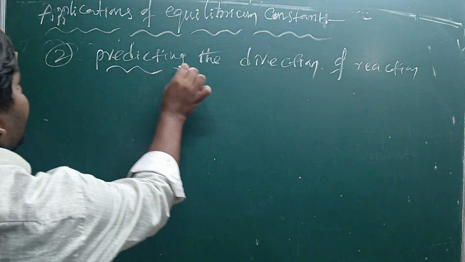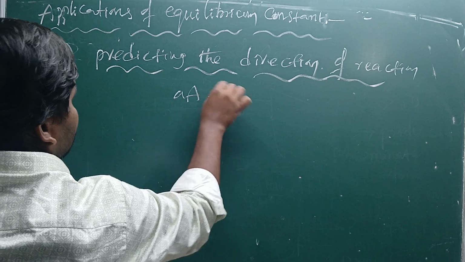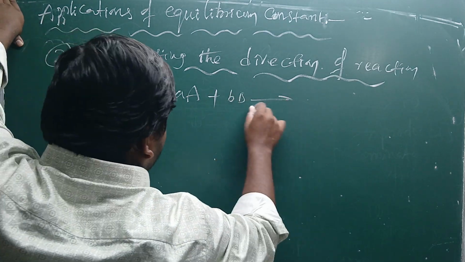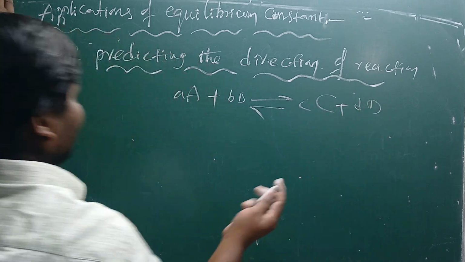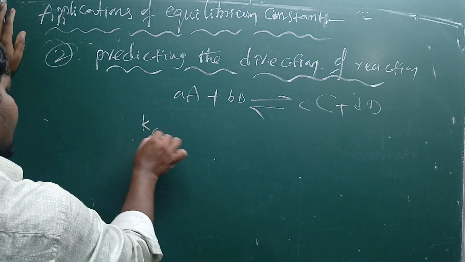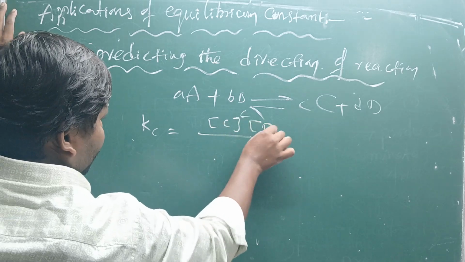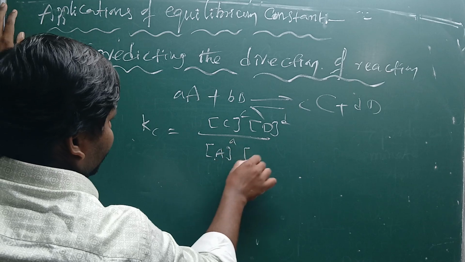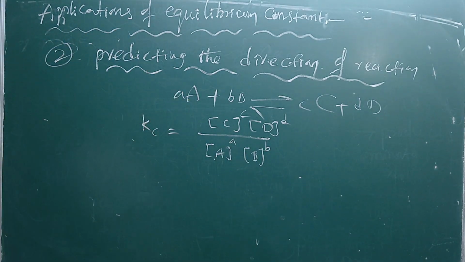For example, now I am taking the general form: small a capital A plus small b capital B gives small c capital C plus small d capital D. It is one general equation. Here Kc is equal to the ratio of the product of concentrations of products to the product of concentrations of reactants, with each concentration term raised to some power.